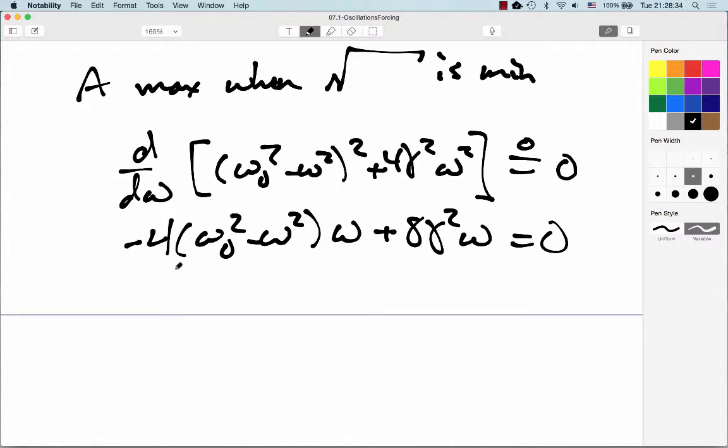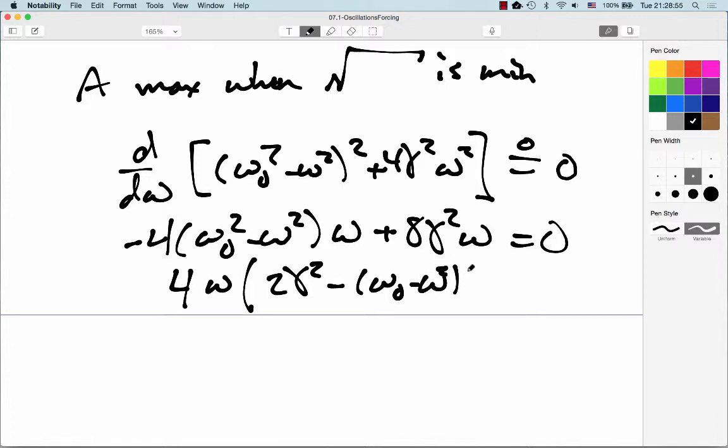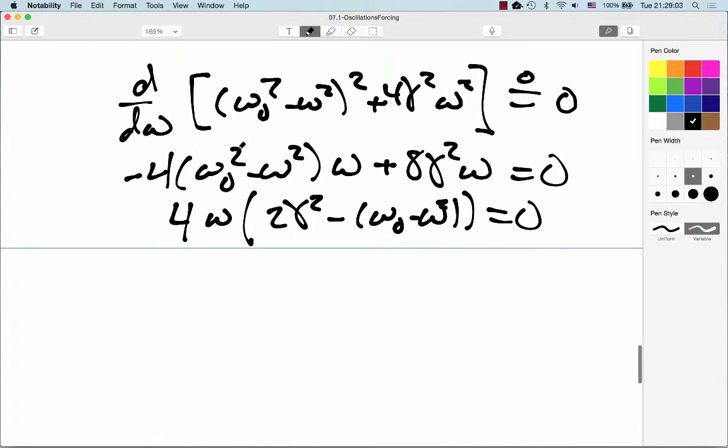I can pull out a 4 omega from everything, and actually I'll pull out a minus 4 omega just to make it look a little cleaner. So I will have 4 omega times 2 gamma squared minus omega naught squared minus omega squared equals 0. And I can just cancel that 4 away.